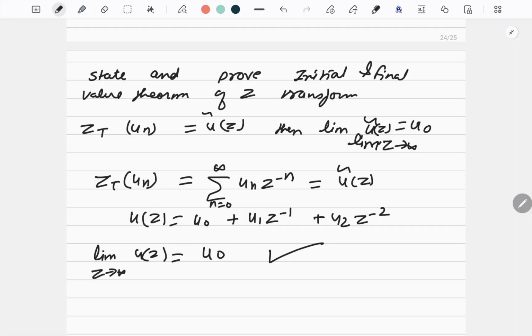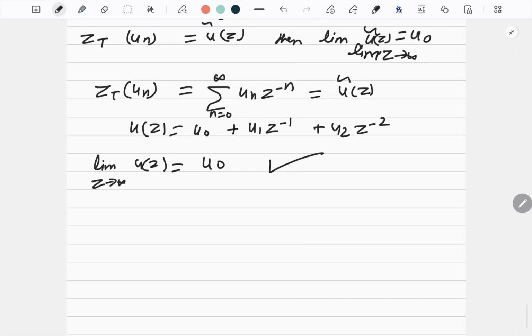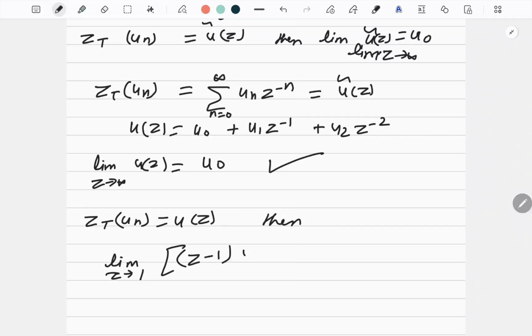Now let us come to the final value theorem. Now final value theorem is little lengthy and more important. What does it say: if z transform of un is equal to uz, then limit z tends to 1, z minus 1 uz is equal to limit n tends to infinity un.